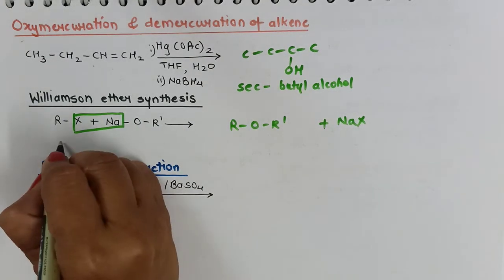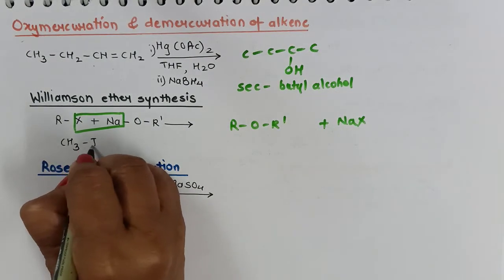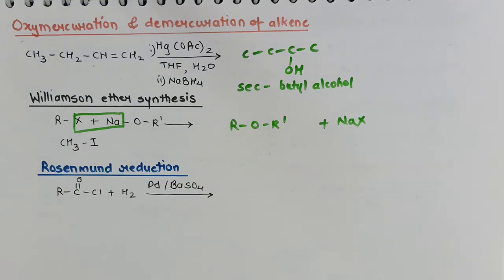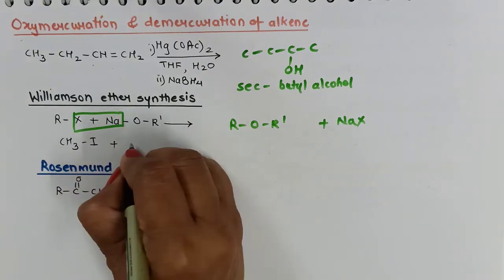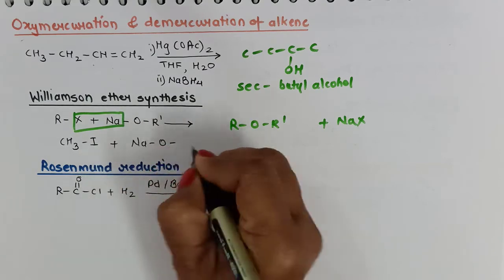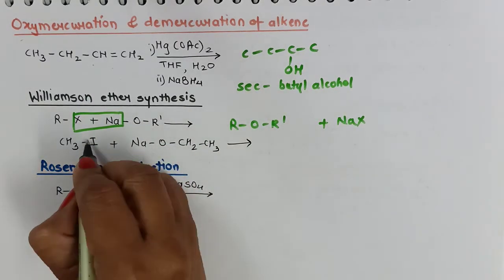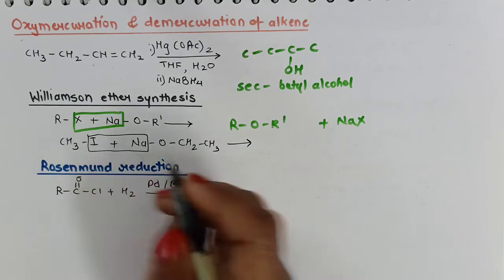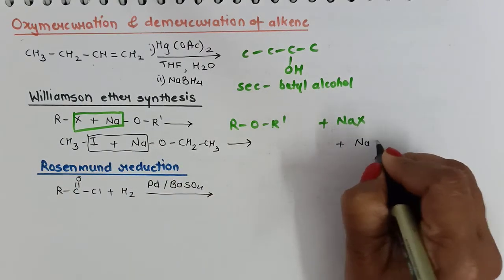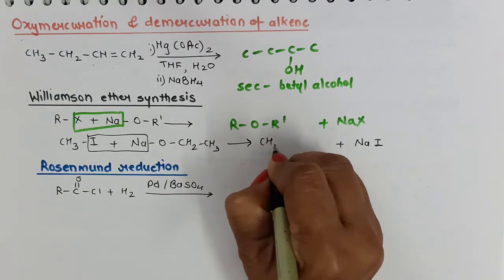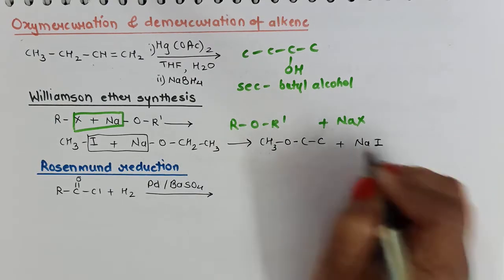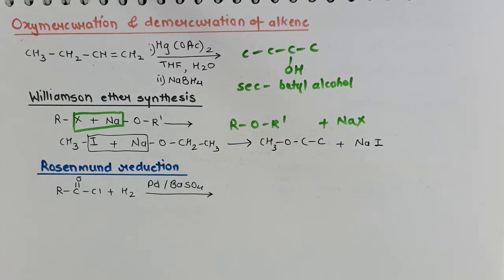For example, iodomethane, when it is treated with sodium alkoxide, as I told you, sodium iodide will be removed as the byproduct, and we will get methoxyethane as the main product. So ether is the main product of Williamson ether synthesis.